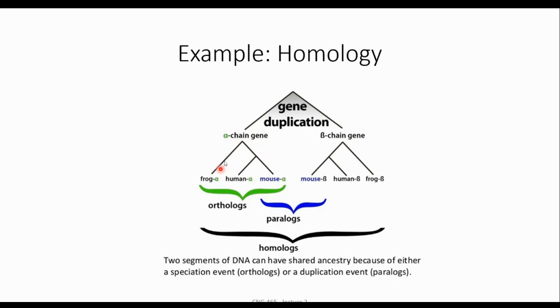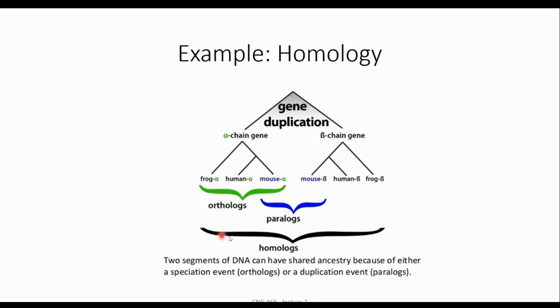When we look at different organisms, we will see that, for example, in a mouse, we have something similar to the alpha chain, and we call it the mouse alpha gene, and the human alpha globin gene, for example. We see there are some similarities between the function of these two, and that's why we call them ortholog.